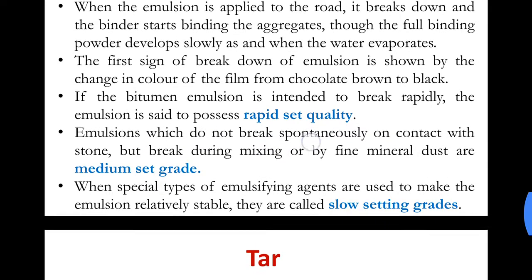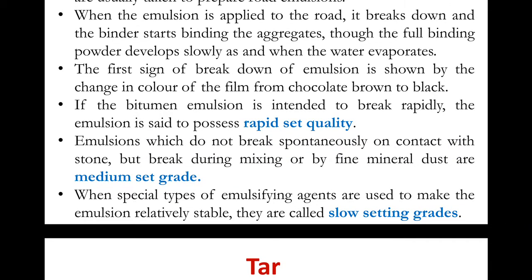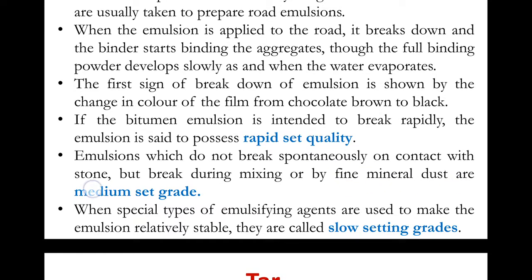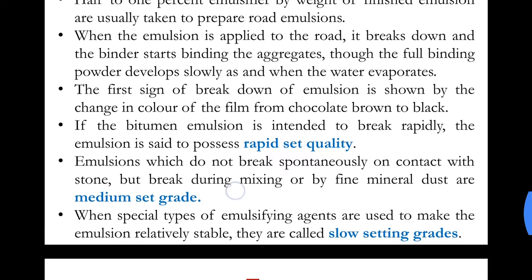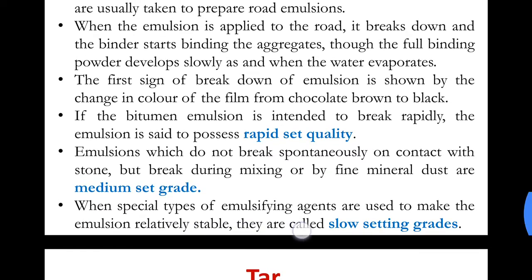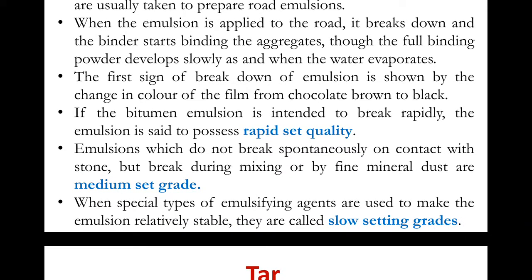Emulsions which do not break spontaneously on contact with stone but break during mixing or by fine material dust are medium set grade, and when special types of emulsifying agents are used to make the emulsion relatively stable, they are called slow setting grades. So again, there are three classifications for emulsion. First one is rapid set grade, second is medium set grade, and third is slow setting grade.